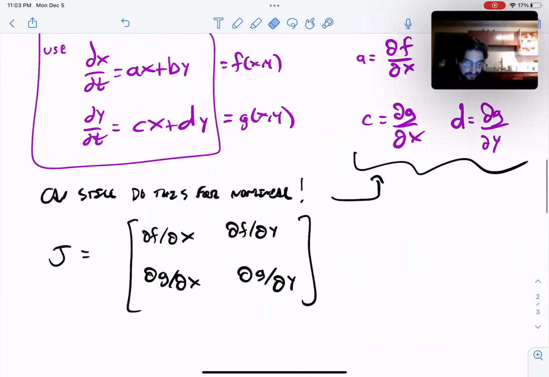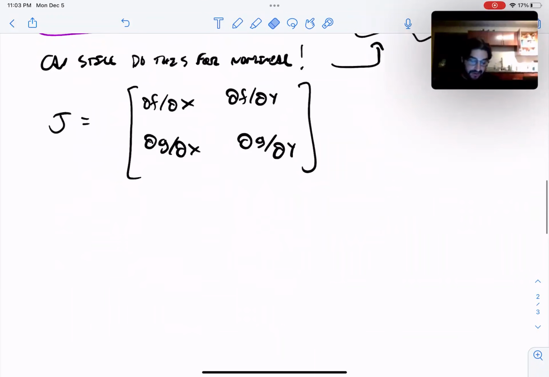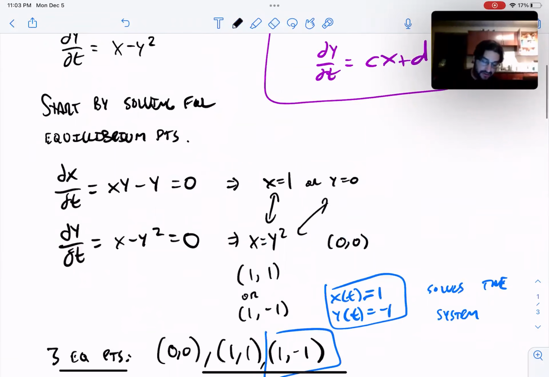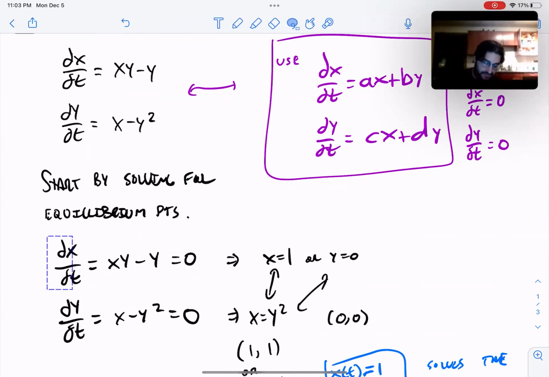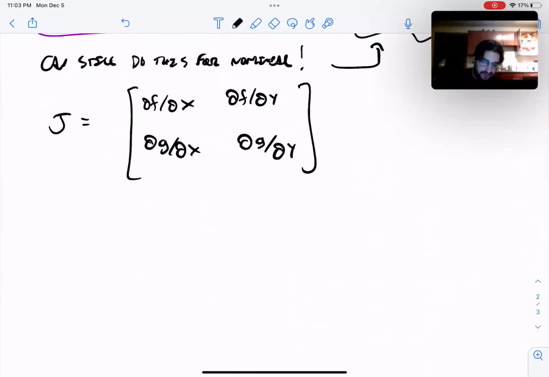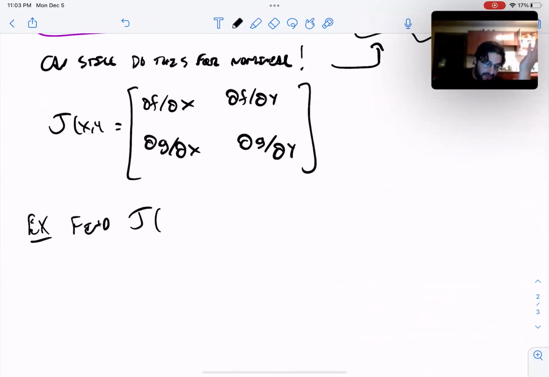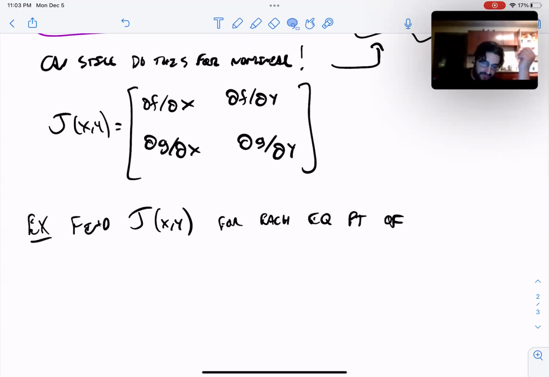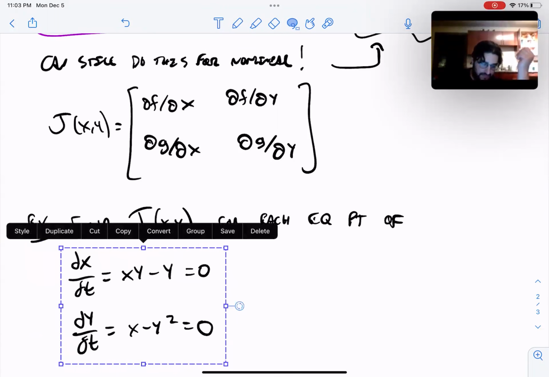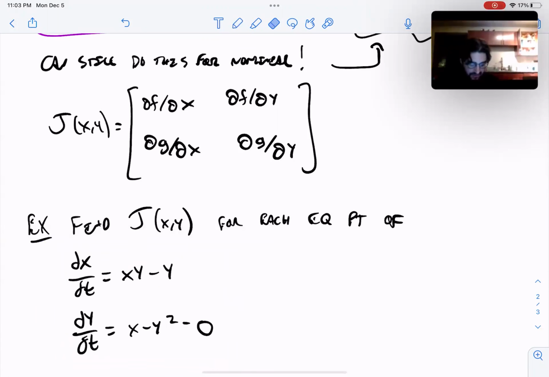Okay. So this is something we can still do for a nonlinear system. So for our example up here, let's find the Jacobian for each equilibrium point of this system.